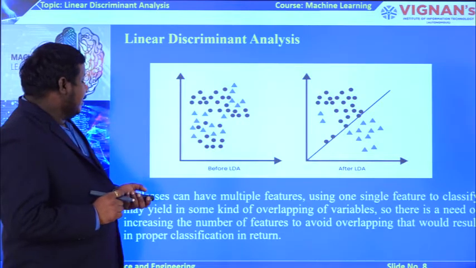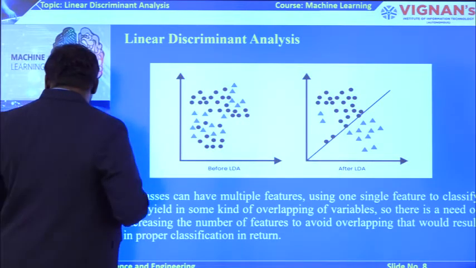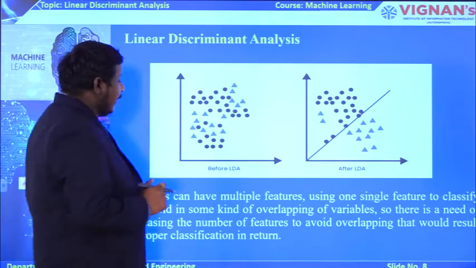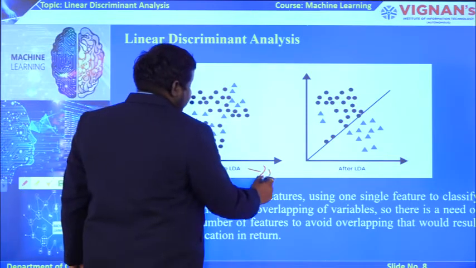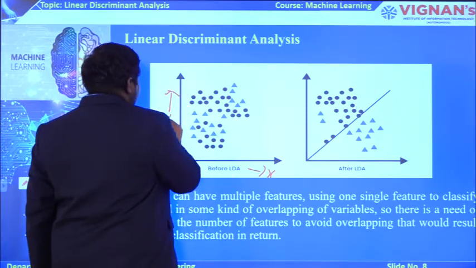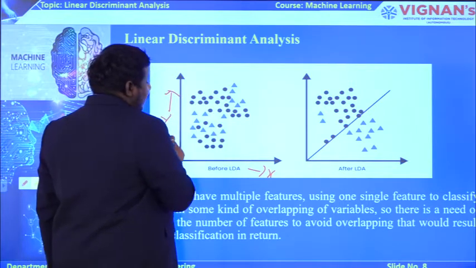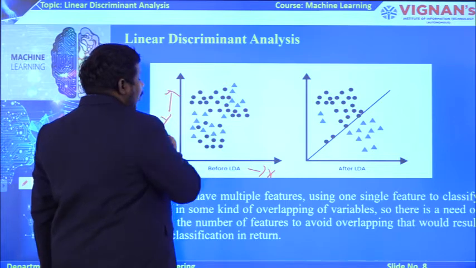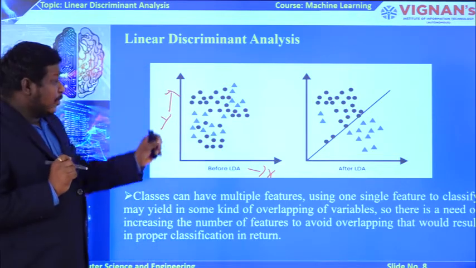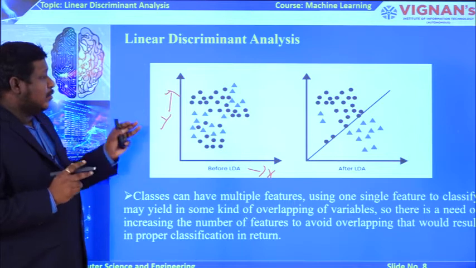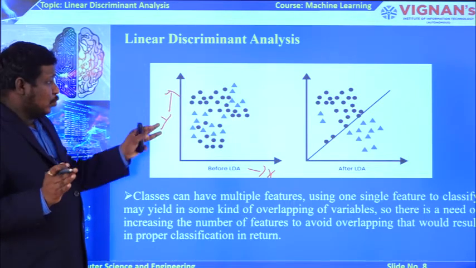Next, here you can understand. This is before LDA. This is the x-axis, this is the y-axis. Here you see 2 groups of elements. Black dots are one group and triangle-shaped blue data points are the other group. Now you want to separate or classify these 2 groups.